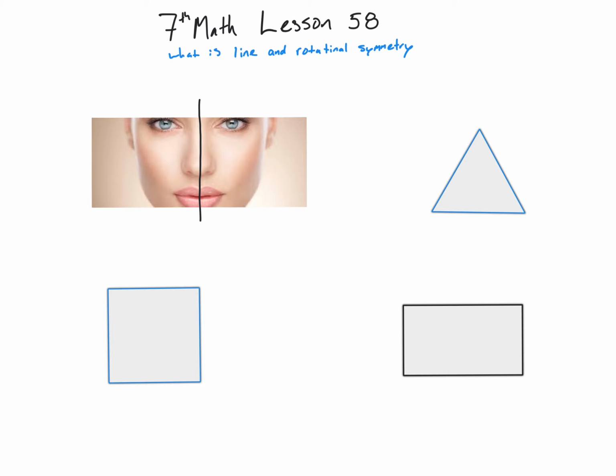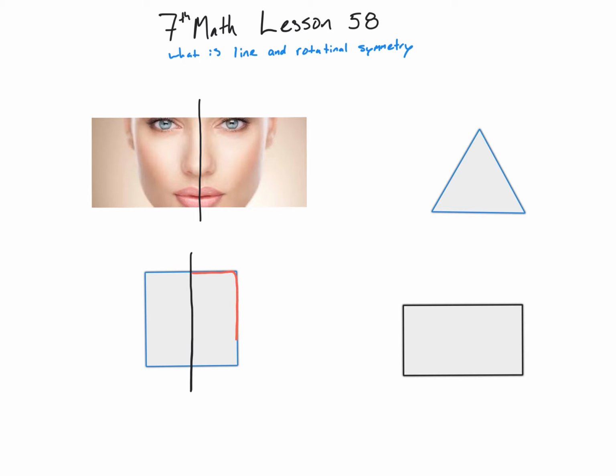So if we're talking about different shapes, maybe like the square, we can see that if we drew a line straight down here, right down the middle, and I were to put paint, say, on this side of it, and fold it right along this black line, this red paint would end up right here on this edge of it.